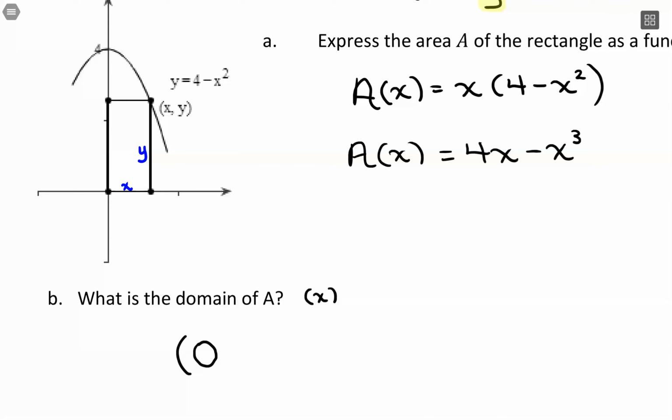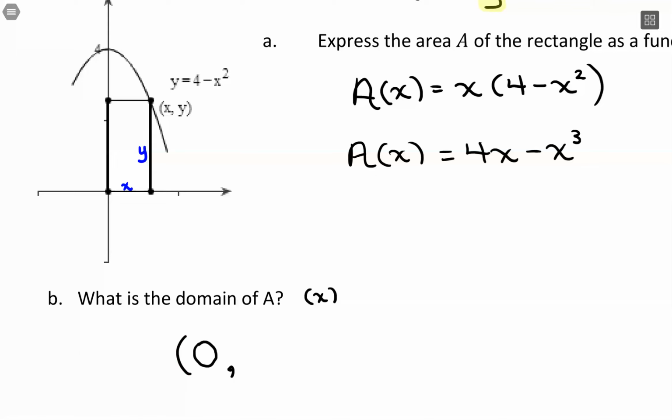I'm not going to include 0 because then you wouldn't technically have a rectangle, you would just have a line. But some might argue that you could include 0 because then you'd have an area of 0, but then the rectangle doesn't exist. So I'm not going to include 0, but we'll go right up to 0.